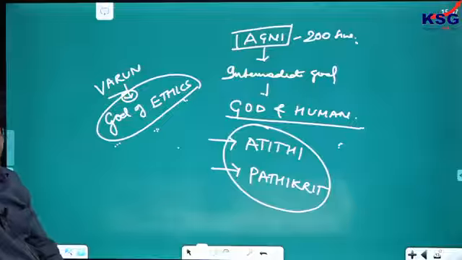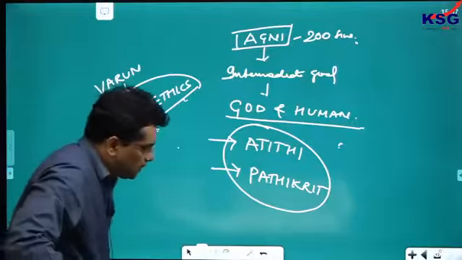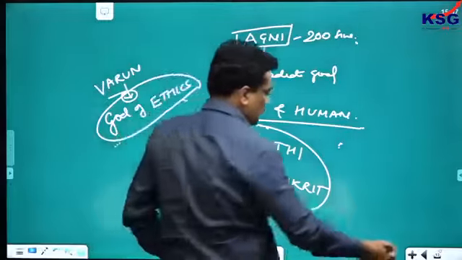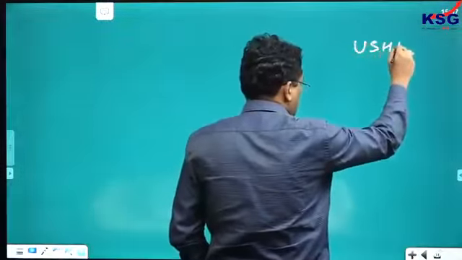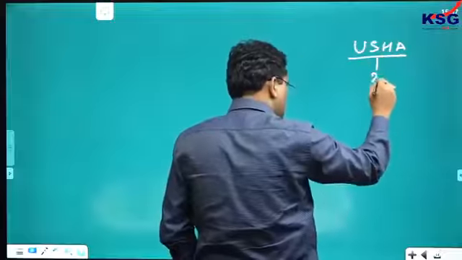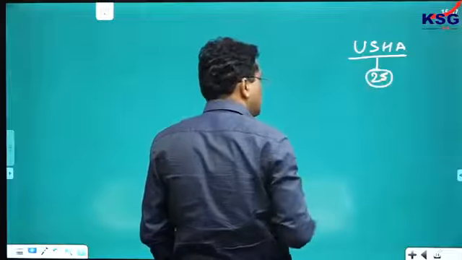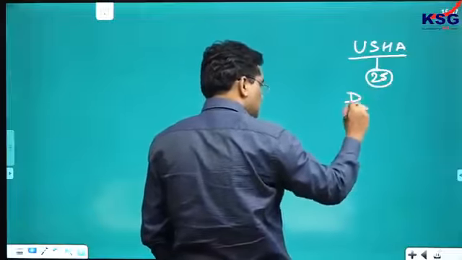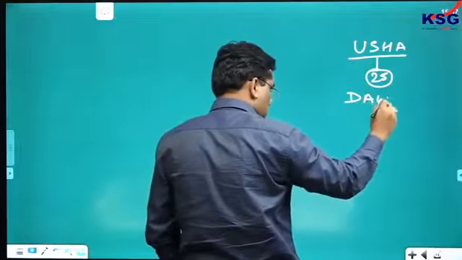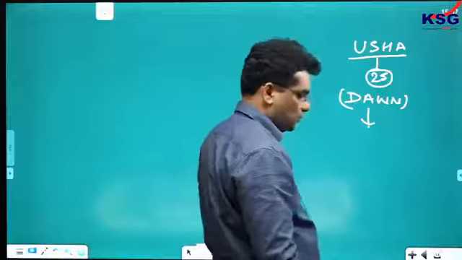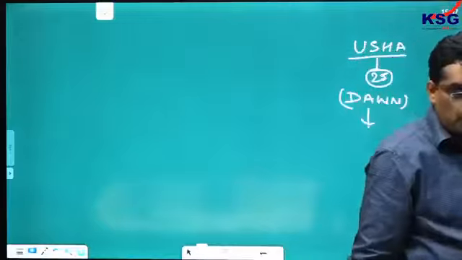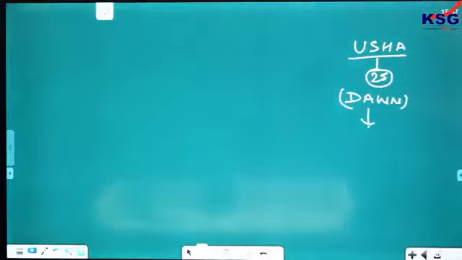So these are the general words for the God. We have one woman goddess also, that is Usha. Usha is mentioned 25 times in the Rig Veda. Usha is goddess of dawn.